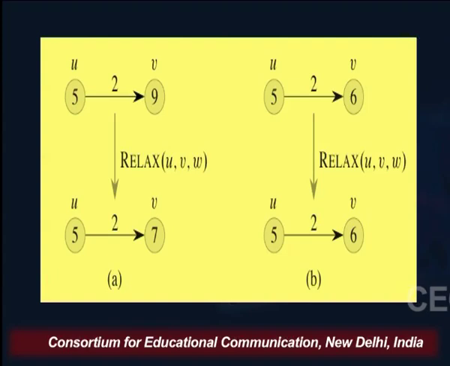While in the next figure, if it is 6 already, then updating it to 7 is not going to help us, so we will not relax this edge uv with the weight w. So one figure shows the relaxation, and the other shows when relaxation is not helping us.